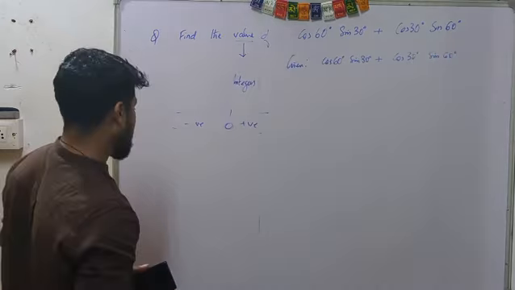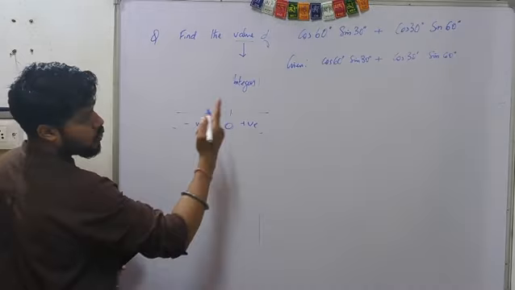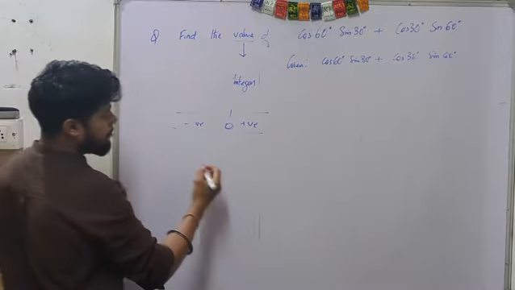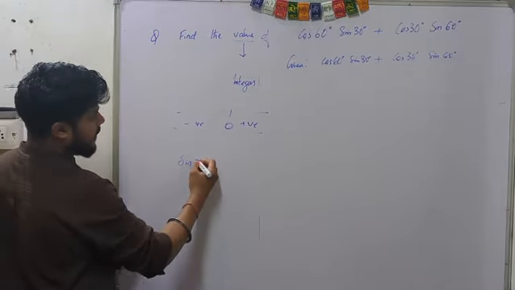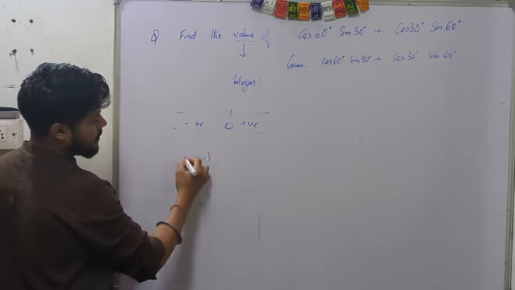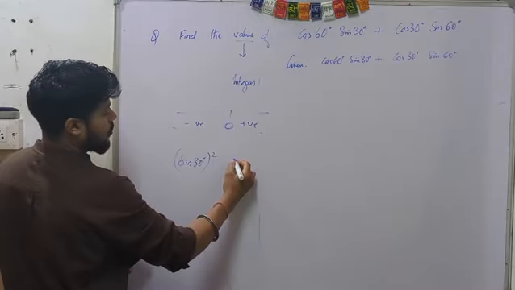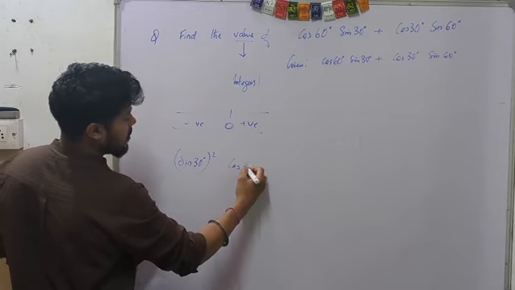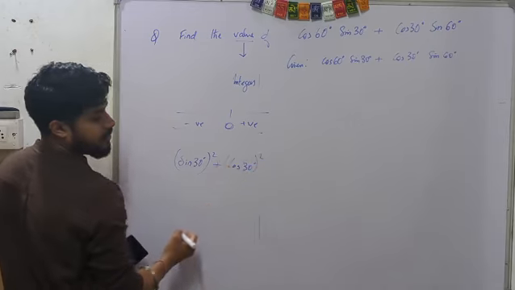Now, my concentration is, if we have to find its value, I can see that if I could make sin 30 degree and its square, and here make cos 30 degree and its square, with the plus sign already given.